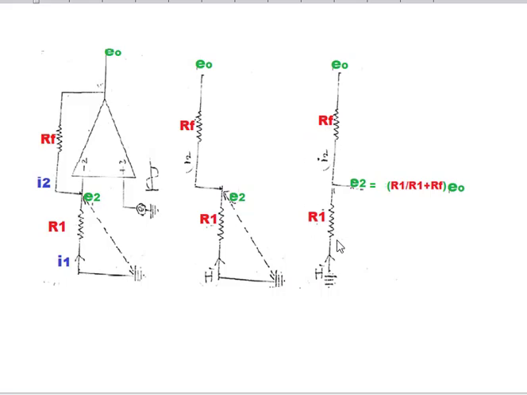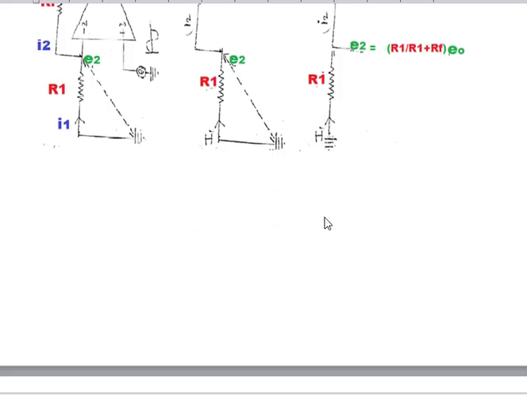As it is a potential divider, we get the voltage R1 by R1 plus RF into E output. This voltage depends upon the value of the feedback resistor and the value of the input resistor.